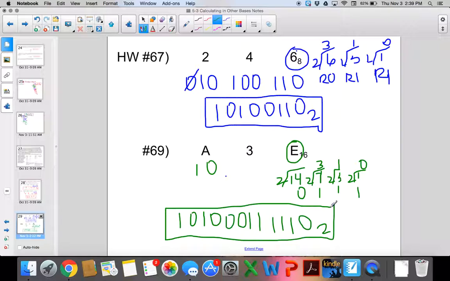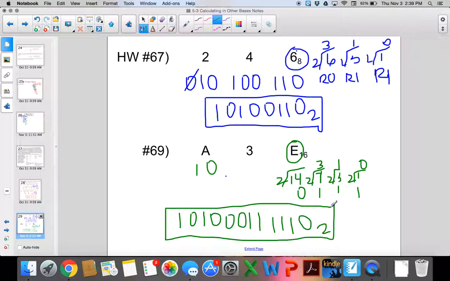So I'm going to leave those with you. I would suggest that for 73 and 74, is that 70? Wait, excuse me. Let me go back and look.